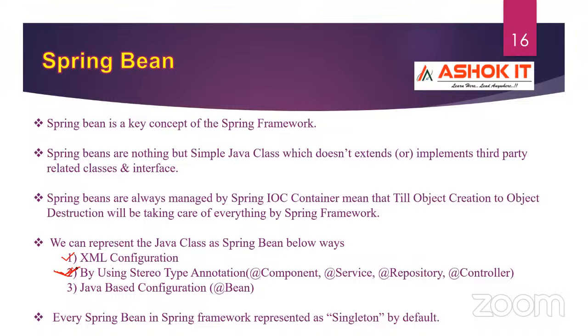This is a very useful technique among these three. And the Java based configurations are the somewhat advanced, latest way of developing Spring applications. This is somewhat trending in the market. Industry is still using any one of these two mechanisms, as you wish. Don't worry, I'm going to talk about it in detail in the upcoming slides.